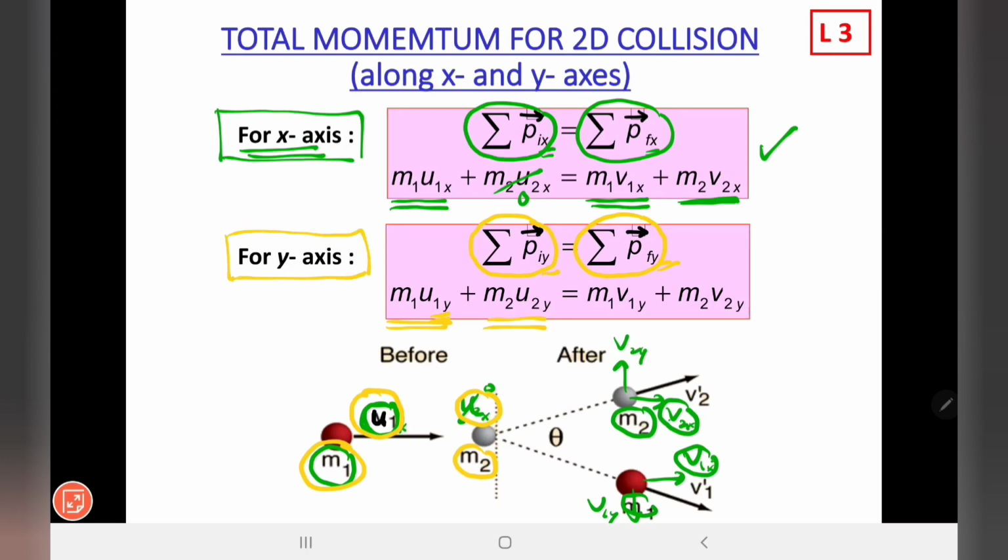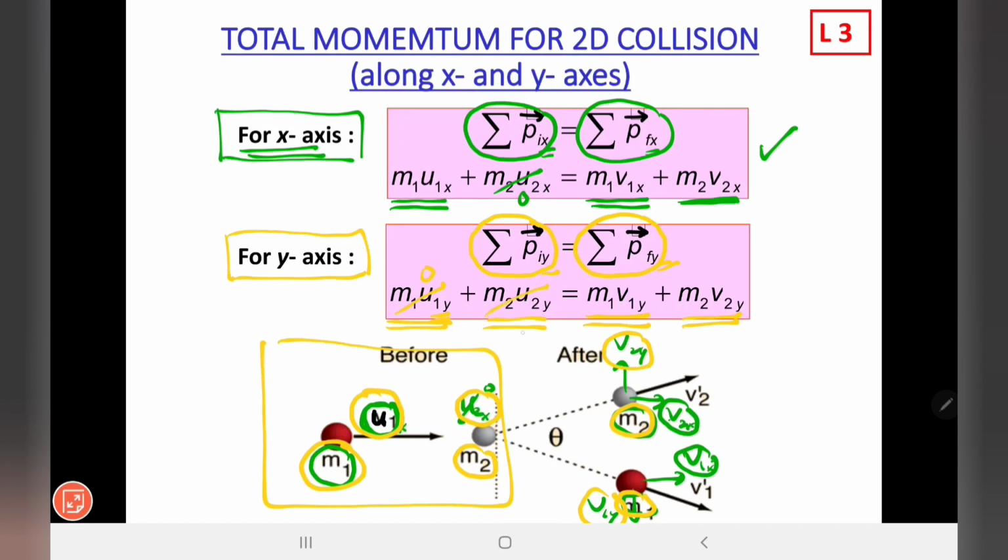After the collision, the total momentum of the first body is M1 V1y, and for the second body, the total momentum is M2 V2y. Alright, according to the diagram, before the collision, everything is just on the x component, isn't it? So we don't have any velocity on the y component, so M1 U1y equals 0.